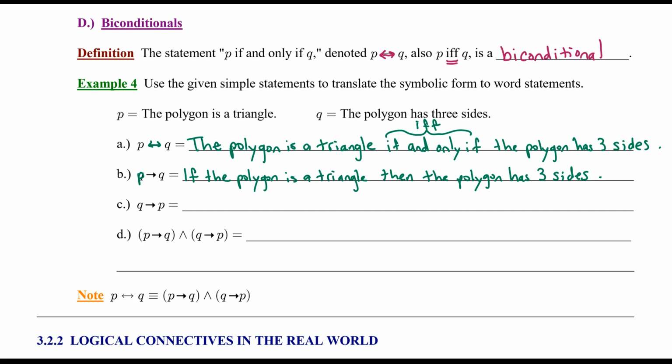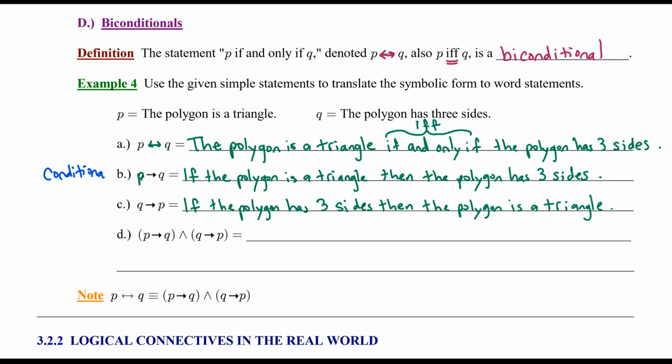It is a one-way street, so we start with the word if. If Q, if the polygon has 3 sides, then P, the polygon is a triangle. You can identify those two statements, like we did on the previous, as a conditional and its converse.